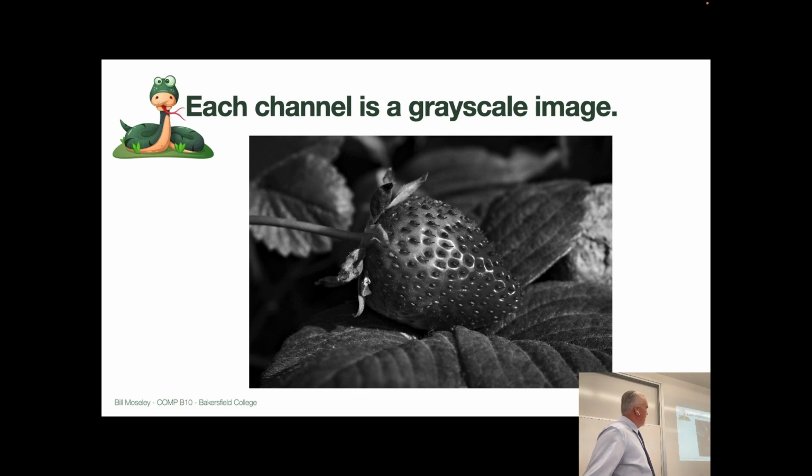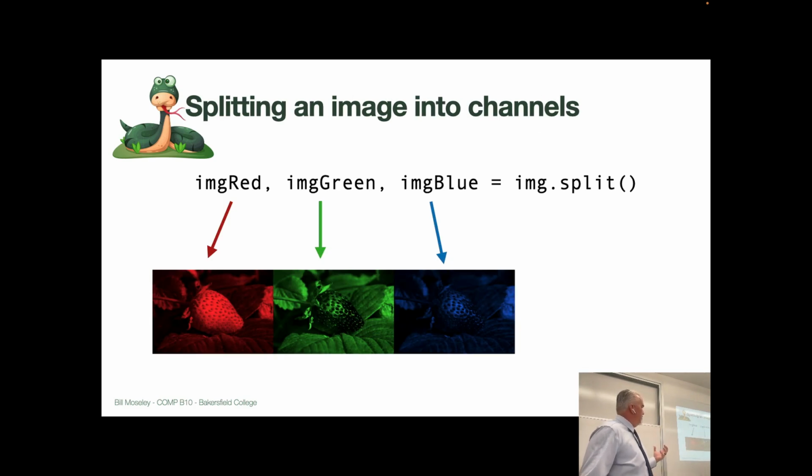So like this, grayscale image. But what we can do now is we can take each of these images and make changes to it individually. We can change the color, we can change the brightness, we can blur them, shift them, rotate them, we can do all kinds of things.